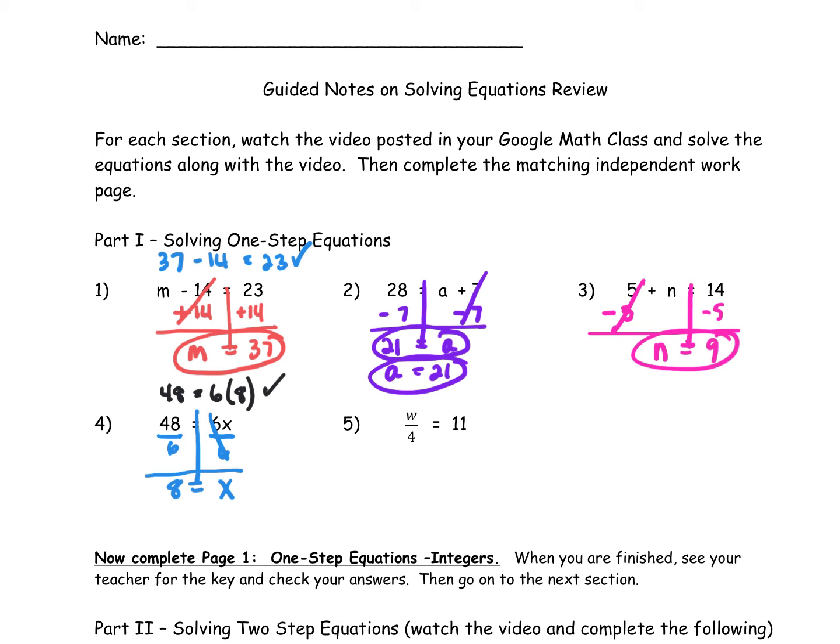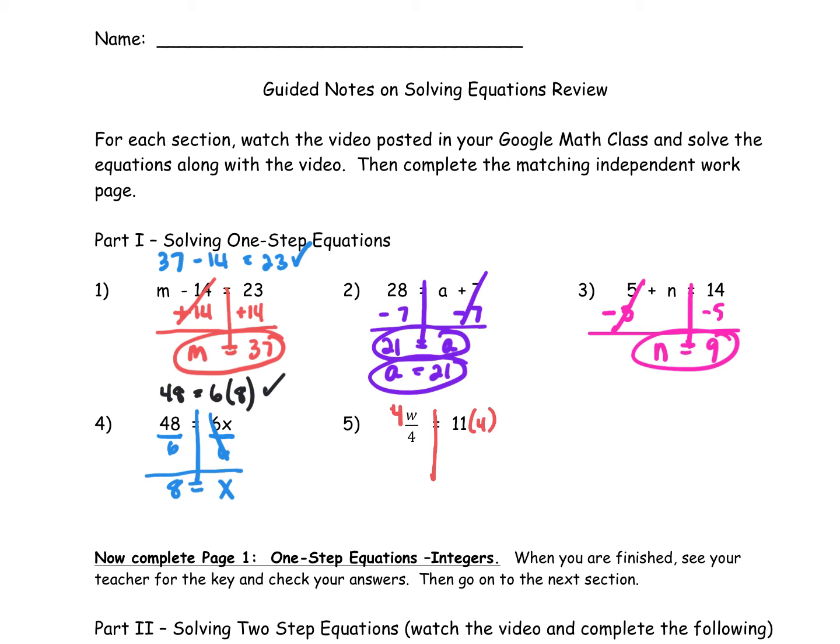Our final equation, and sometimes students are confused by this, but this is read as W divided by 4. Remember, our fraction bar also doubles as a division bar. So the opposite of dividing by 4 would be to multiply by 4. So I'm going to multiply this by 4, and I'm going to multiply this side by 4.